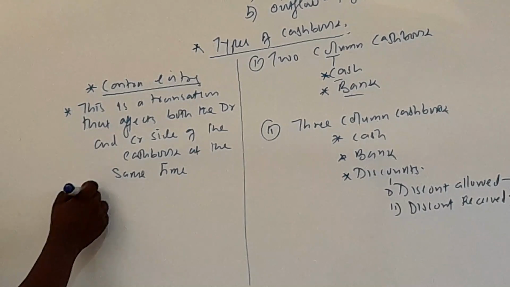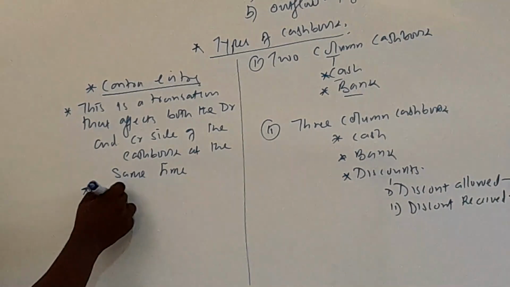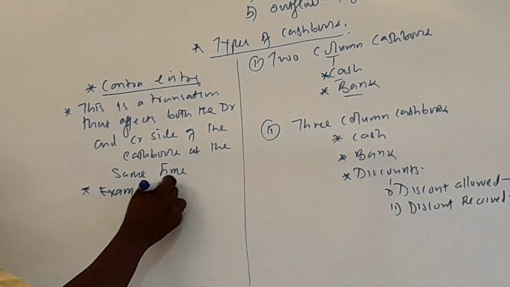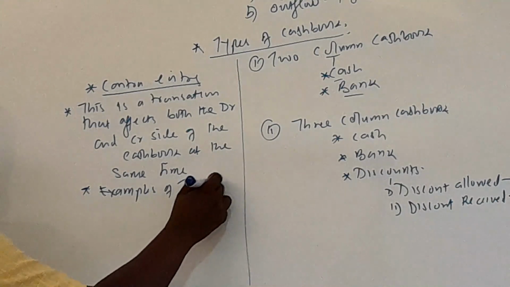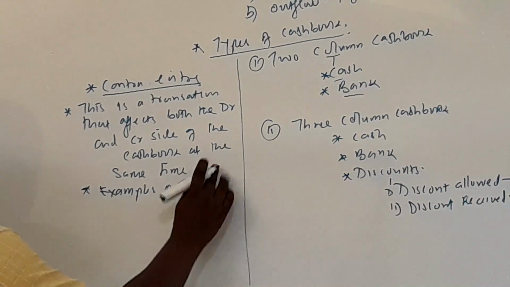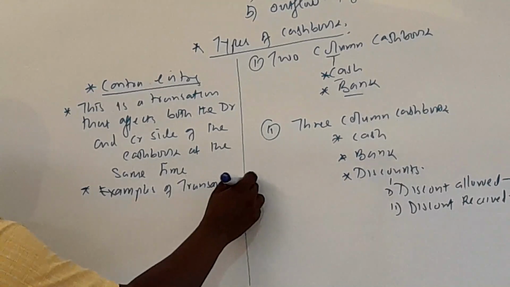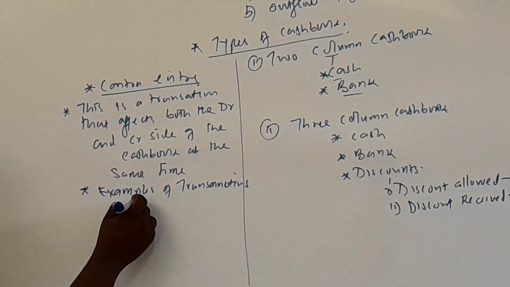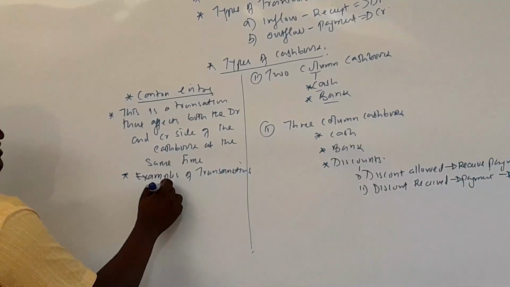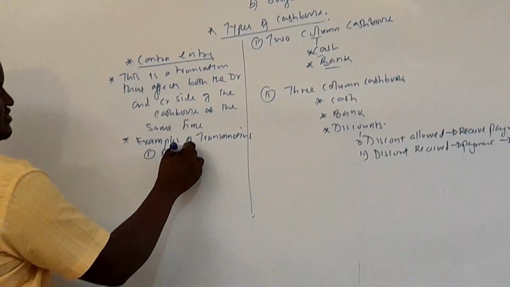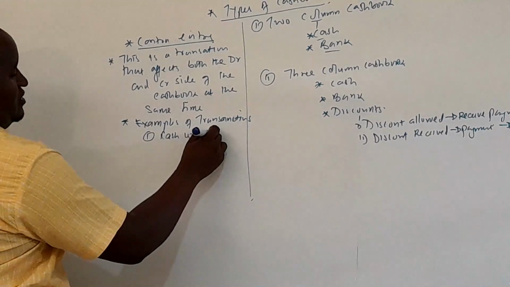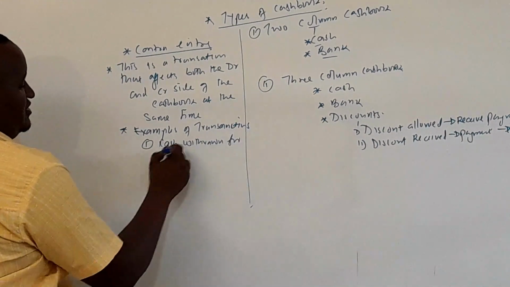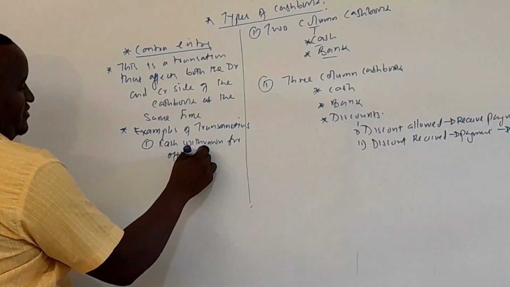Examples of transactions that bring about a contra. The first one is drawings, cash withdrawn for office use.